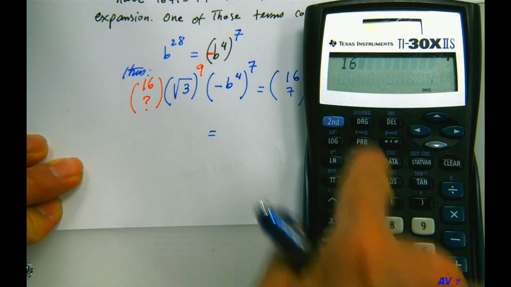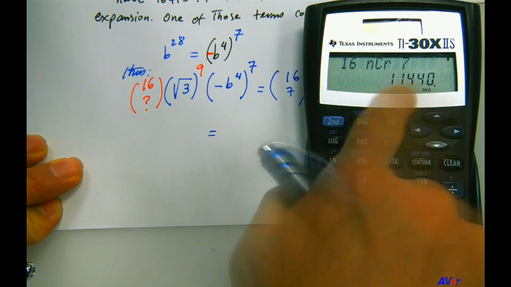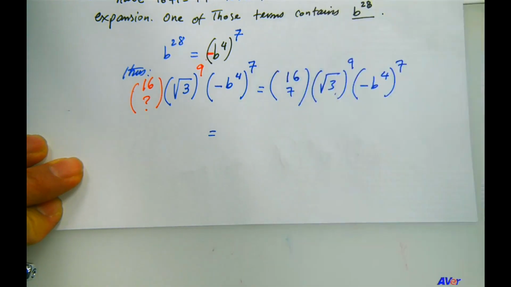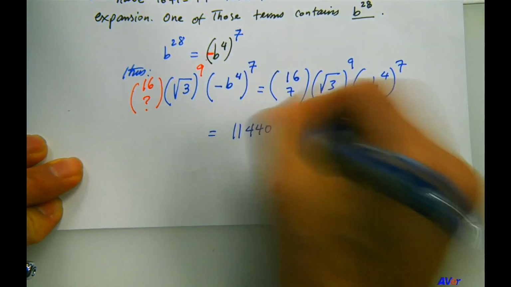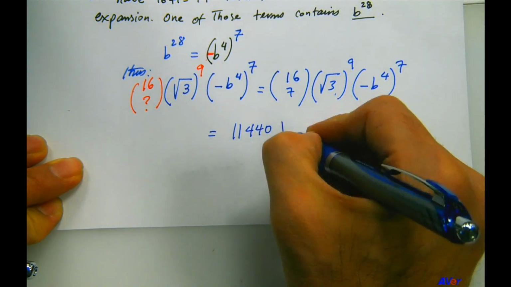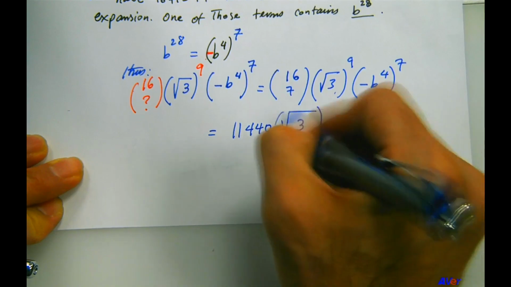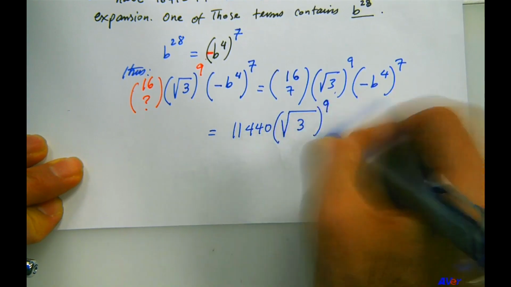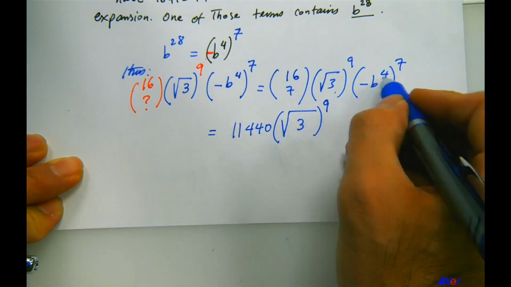16 choose 7. It's 11,440. So we have 11,440, times square root of 3 to the 9th power. This minus comes in front, right?